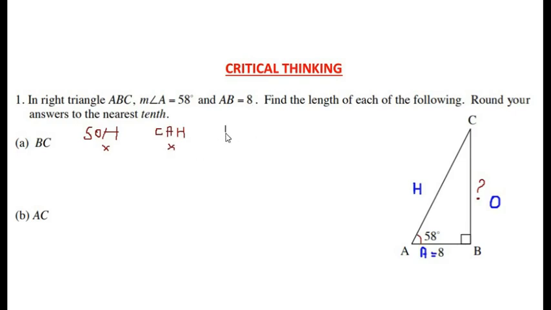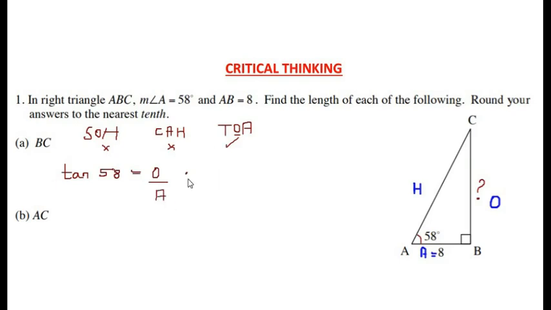Now let us go for the last one, which is TOA, for the tan. Now we have the tan of 58 with us. We need to find the opposite as asked, and we also have the adjacent given. So we can use the tan. We write tan of the angle given, which is 58 degrees, equals opposite over adjacent.